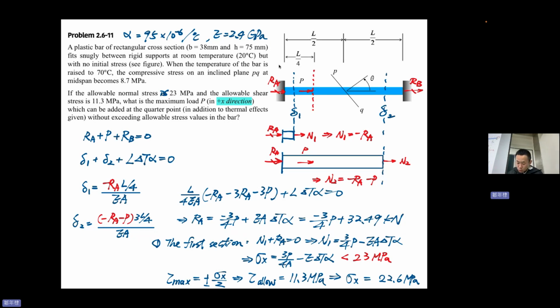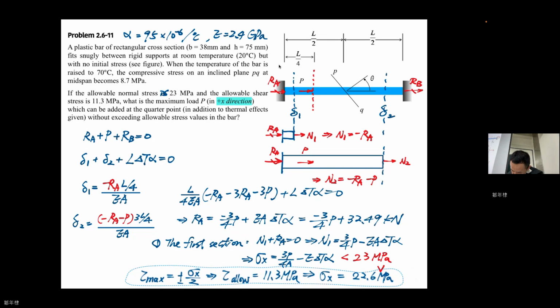Okay, so you notice that 23 is greater than 22.6. So actually 23 megapascal is safe.